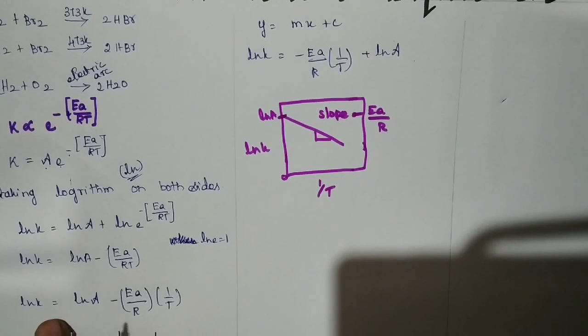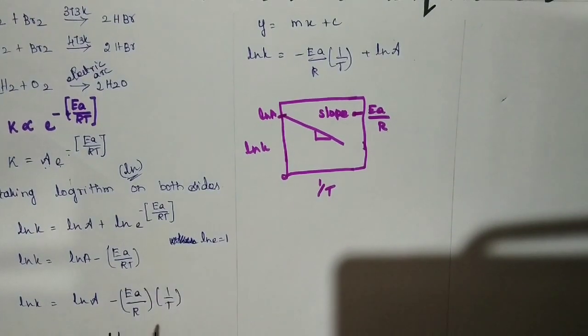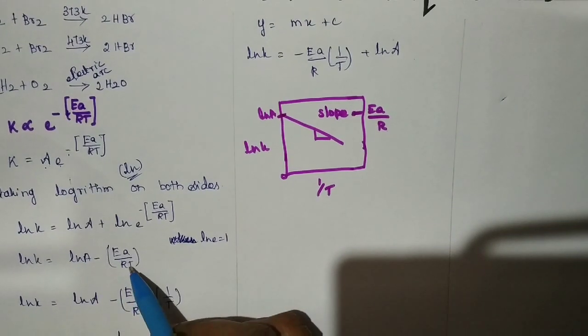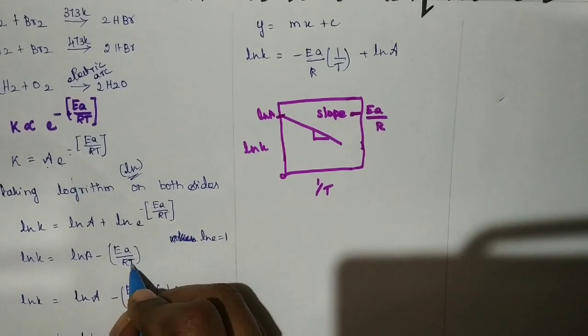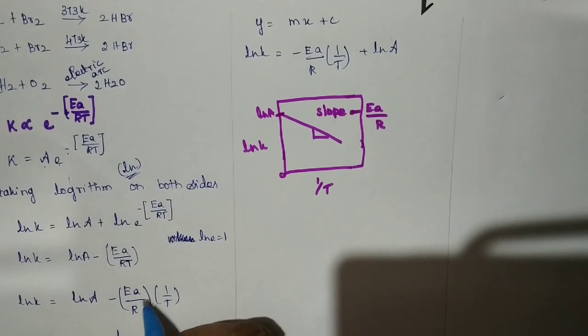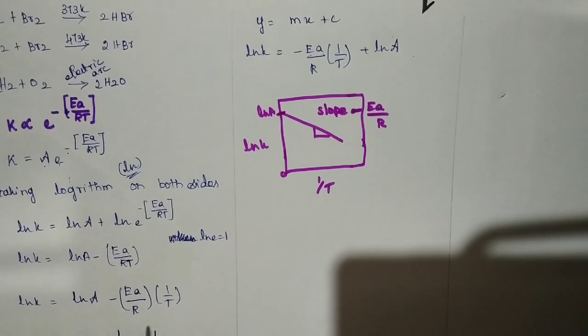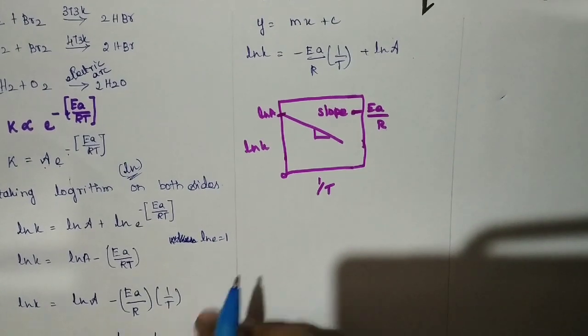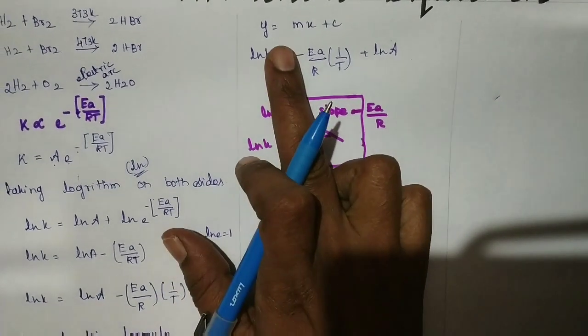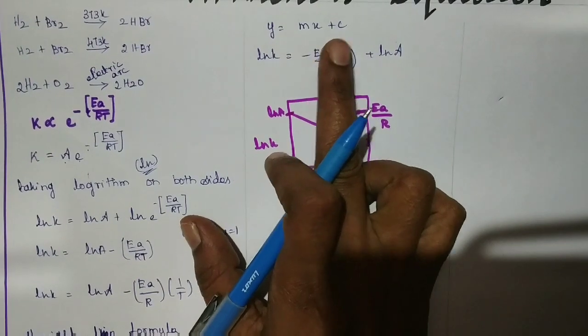Just rearrange this equation: ln k is equal to ln A minus Ea by R into 1 by T. Here, the capital T denotes temperature. Then we know the straight line formula, y is equal to mx plus c.